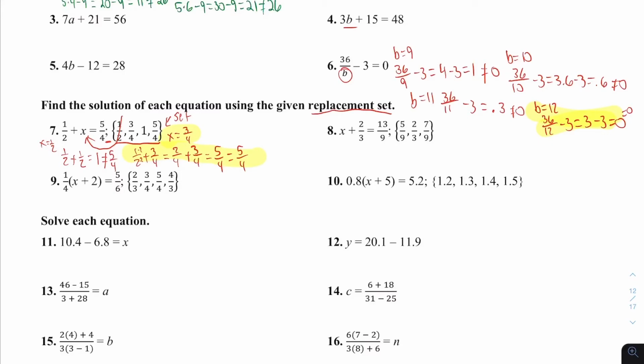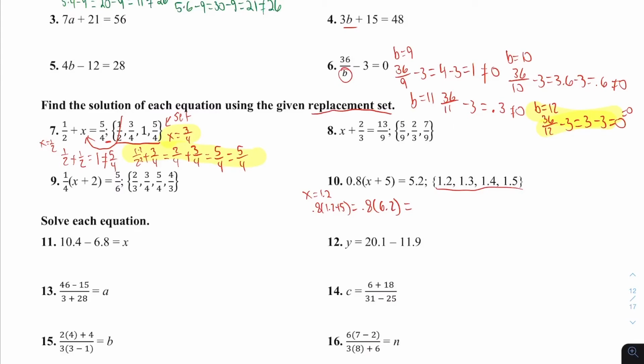Let's go to number 10, since number 10 uses decimals. In number 10, here's our set. So the first one says X equals 1.2. We'll do 0.8 times 1.2 plus 5. So 0.8 times 6.2.